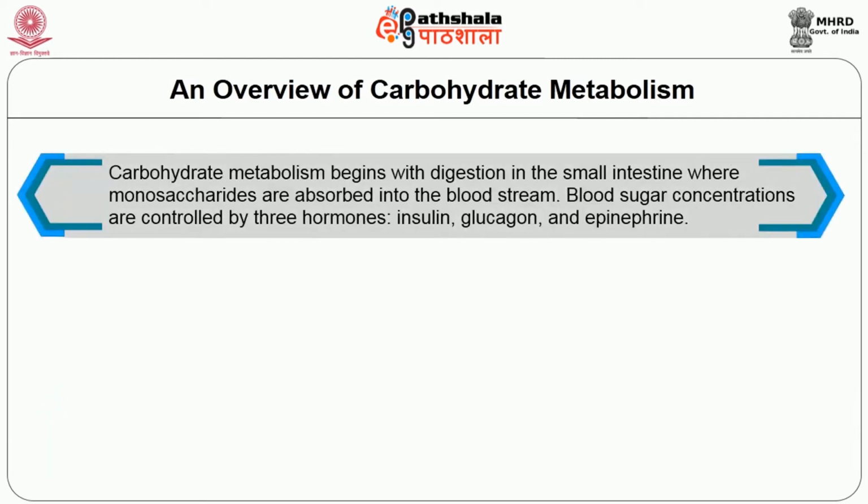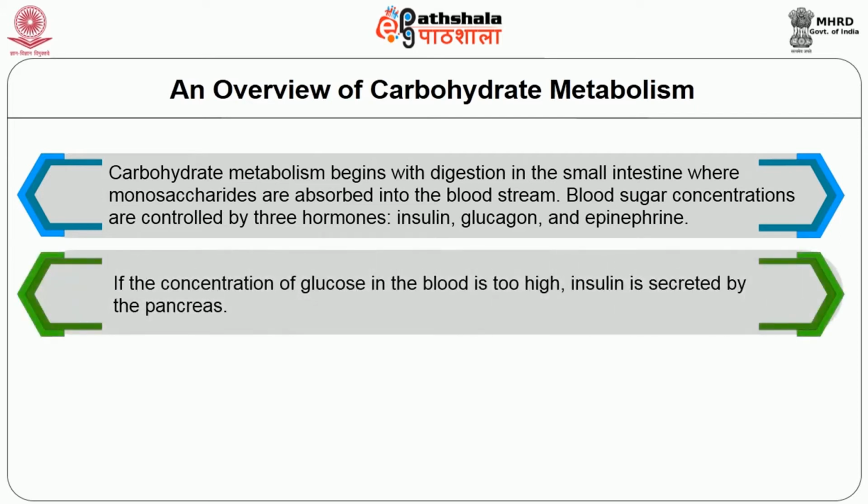Carbohydrate metabolism begins with digestion in the small intestine, where monosaccharides are absorbed into the bloodstream. Blood sugar concentration is controlled by three hormones, namely insulin, glucagon and epinephrine. If the concentration of glucose in the blood is too high, insulin is secreted by the pancreas.